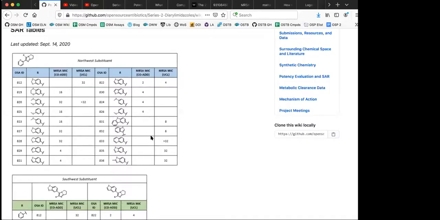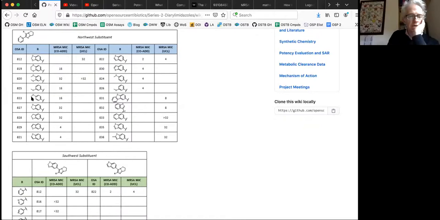Ah, okay. I was gonna say it's para CF3, the usual. So yeah, we've got the methoxy up here.